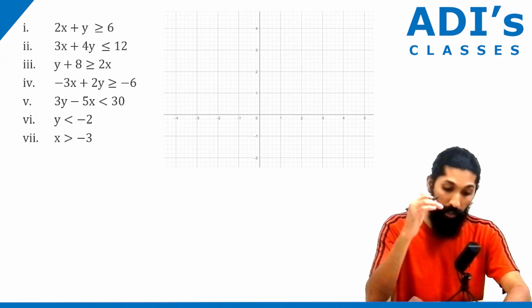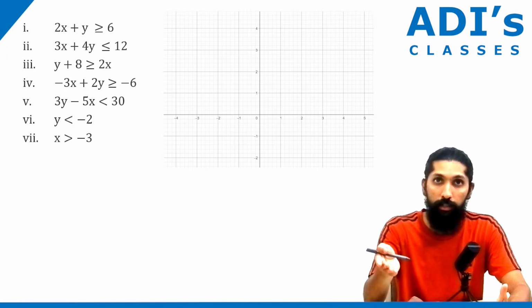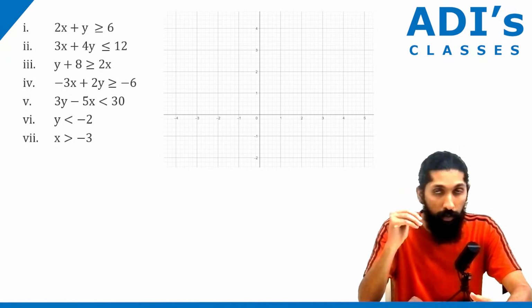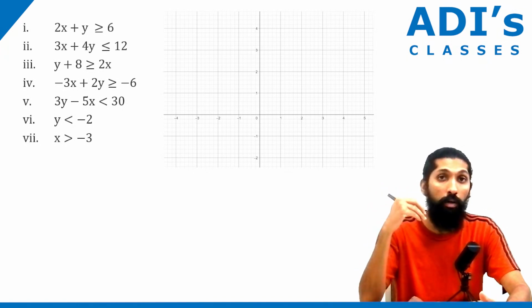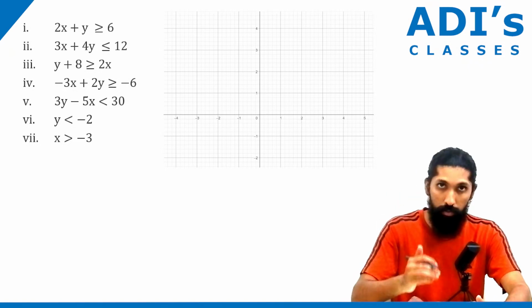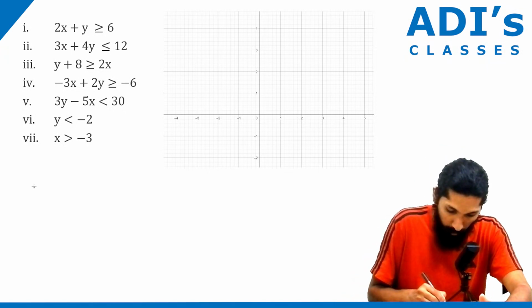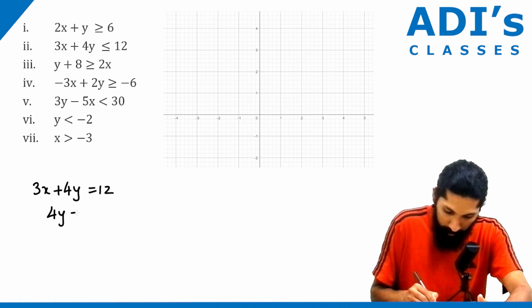See the second one, 3x plus 4y less than or equal to 12. Again, it's a slack inequality. Now, I hope you guys have understood, and I want you guys to solve all these problems on your own. Okay, but still I'm going to solve and show it to you how it can be done. So look at the second one. You have 3x plus 4y is equal to 12. 4y is equal to 12 minus 3x.